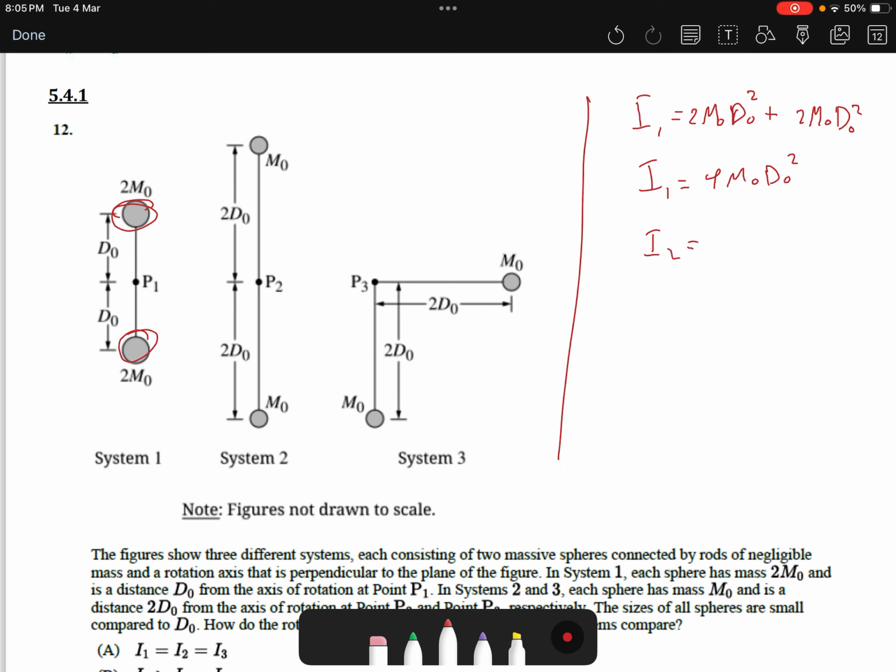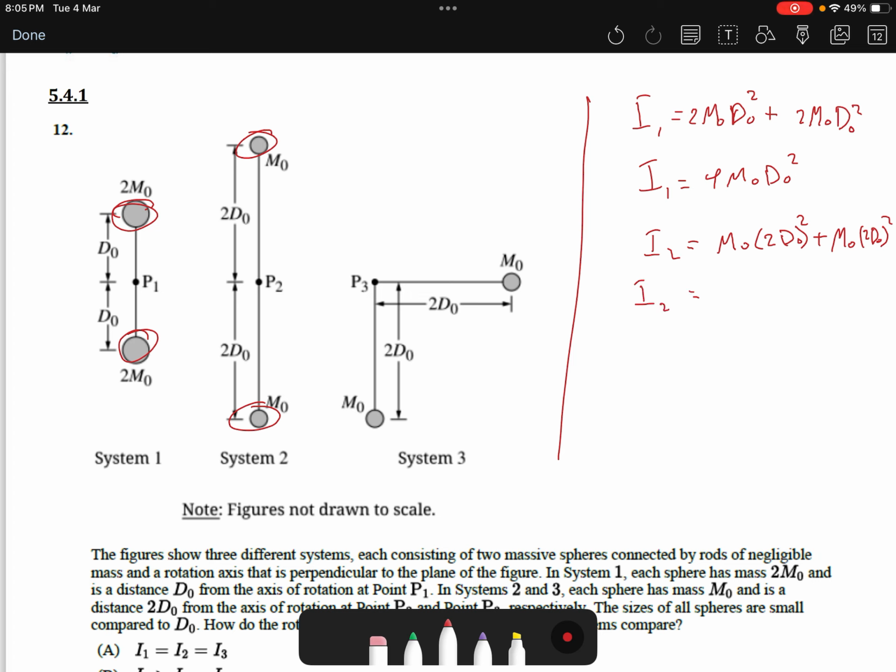Now I2: we also need to find the rotational inertia for each of those masses. For the first one, it's m0 times 2d0 squared. Here we need to be careful: the square is for everything, for 2 and d0. Plus the same thing for the other mass, m0 times 2d0, everything squared.